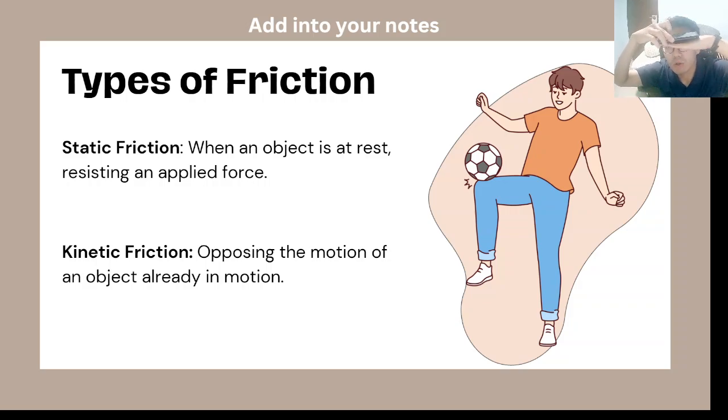Originally not moving. I exert a force, also not moving, because the force is less than the static friction. I increase my force until it exceeds the static friction, and then the object will start moving.